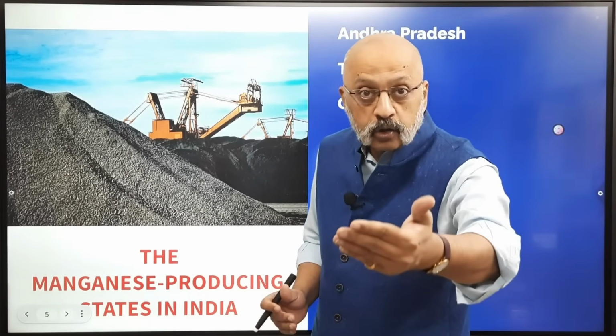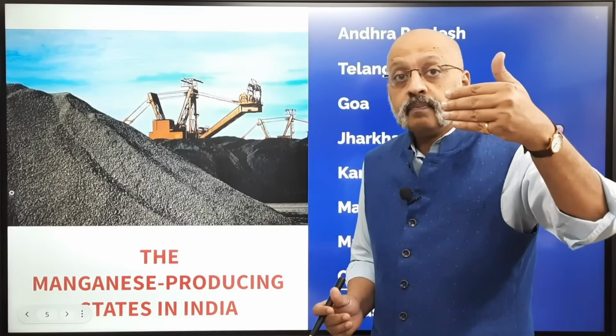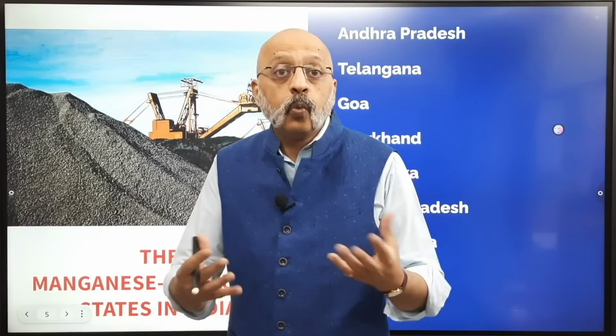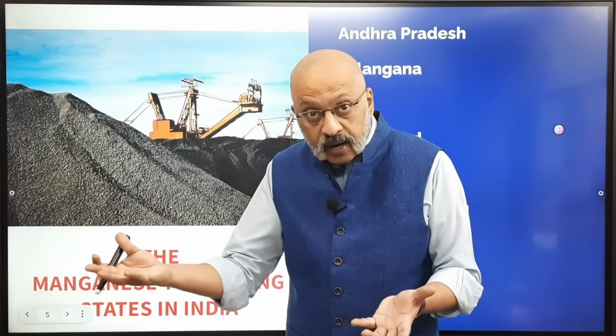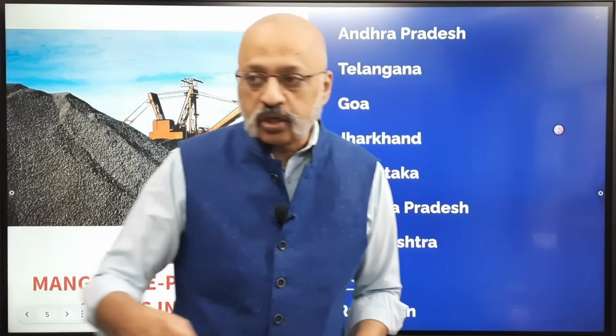Or the northern part of Karnataka, bordering Telangana, which will be Gulbarga or Kalburgi, as it's called now, or Bidar districts, right? Now we are talking about the central part of Karnataka where you have these mineral deposits, iron ore in Ballari, and in Davangere, Shimoga, etc. You have these manganese deposits, Chitradurga.